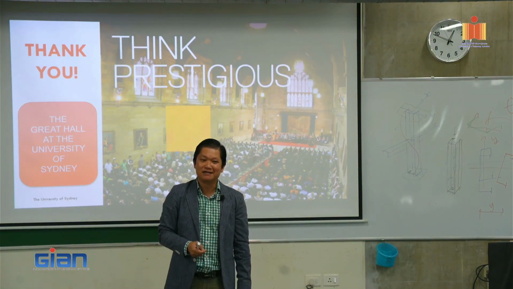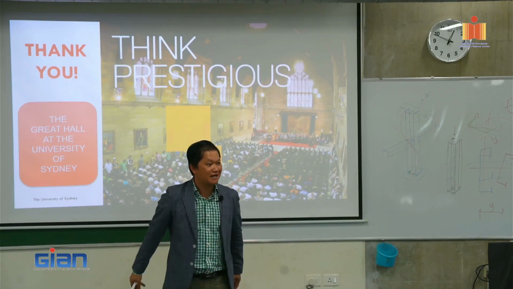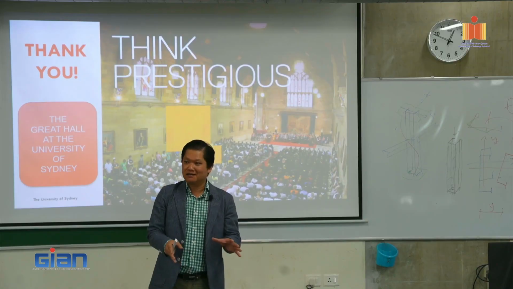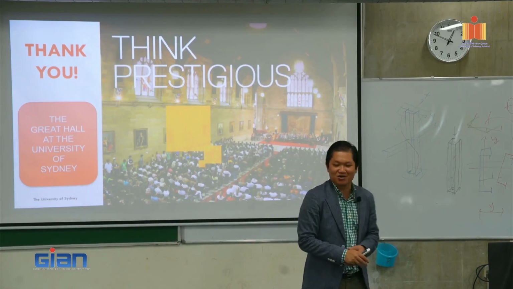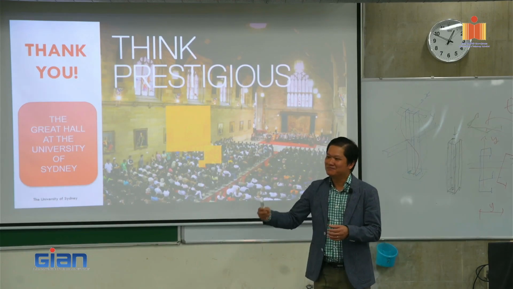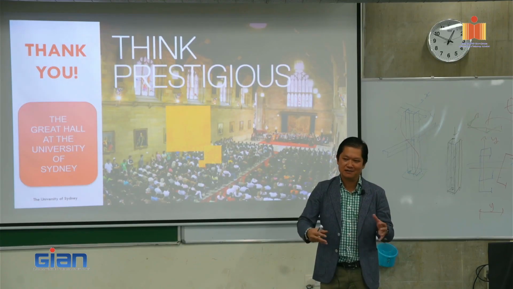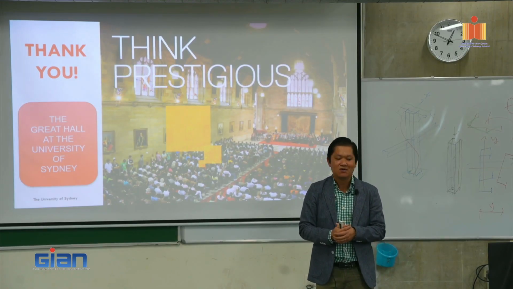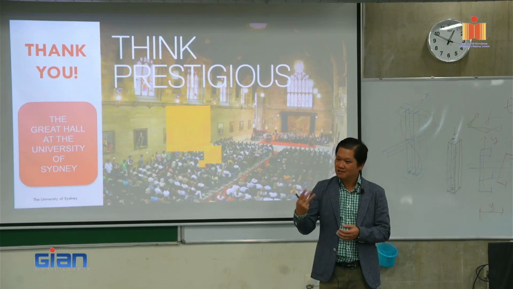I hope that I gave you a bit of general understanding. Some of you are already working on effective width, so probably it was a bit too much. But for those who are not familiar with effective width, I put in a bit of fundamentals and equations, so hopefully you can follow that.